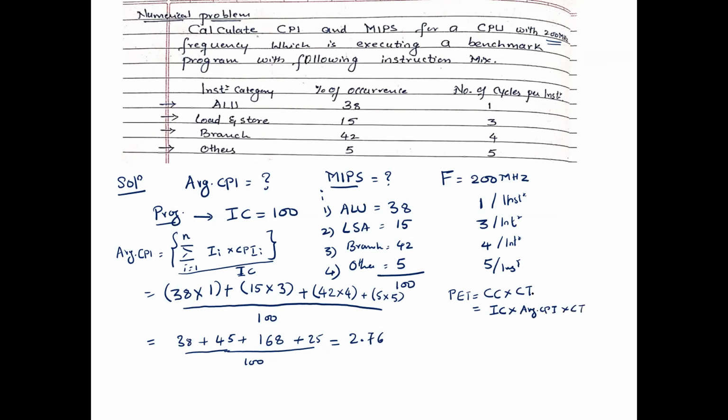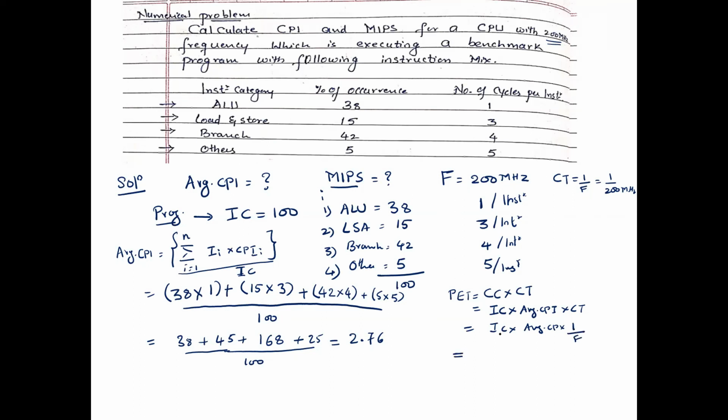Now what is CT? Frequency they have given. CT I can calculate as the reciprocal of frequency, 1 by F. So IC multiplied by average CPI multiplied by CT, which is 1 by F.